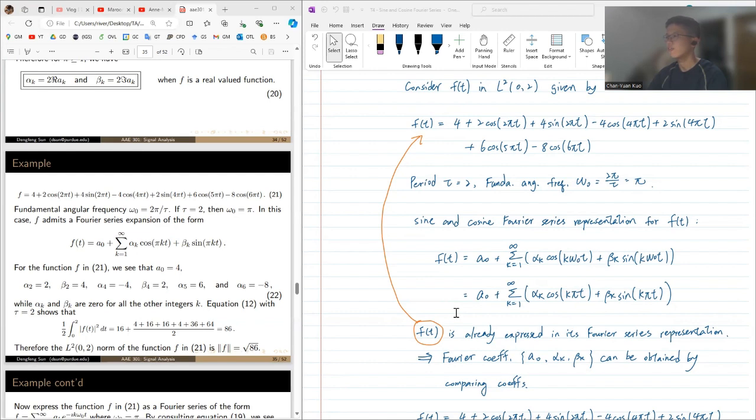Now if you look carefully, you will see that the original expression of this function is already in the sine and cosine Fourier series representation. That means the Fourier coefficients a naught, alpha k, and beta k can be obtained by simply comparing the coefficients.